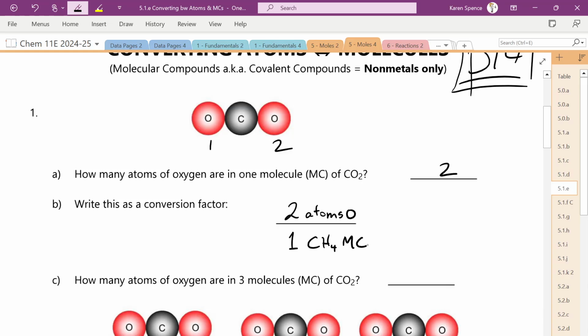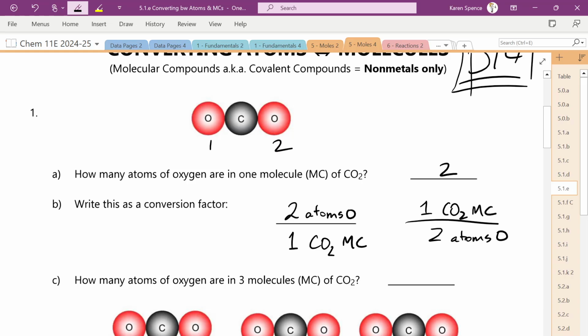Or I could write it upside down: 1 CO2 molecule per every 2 atoms of O.